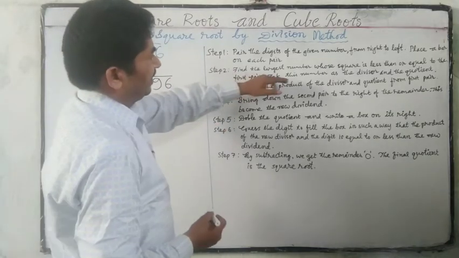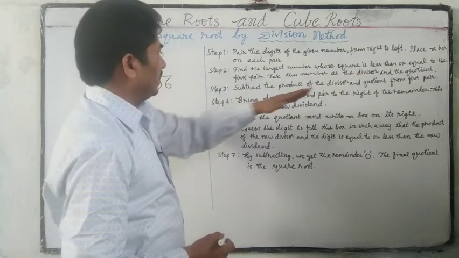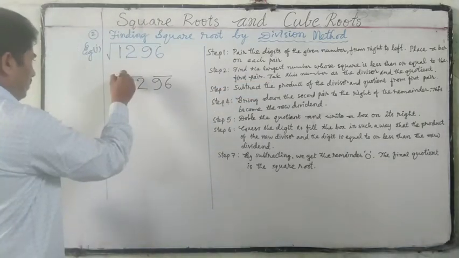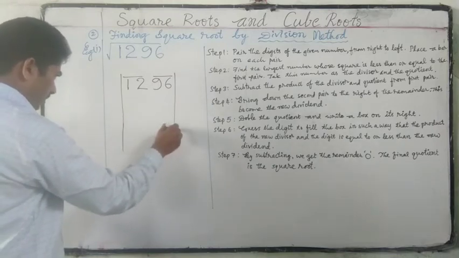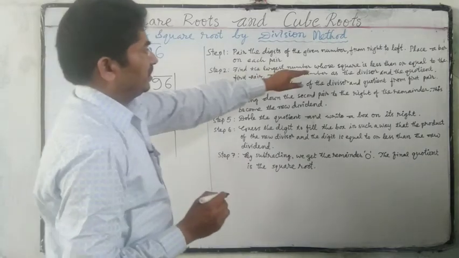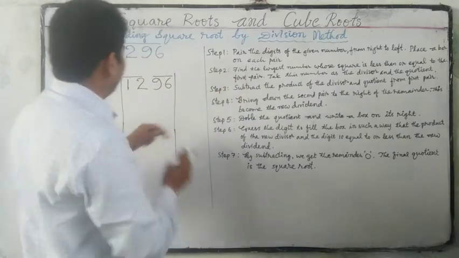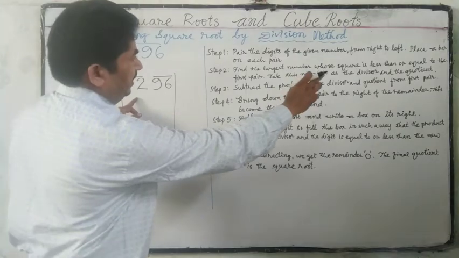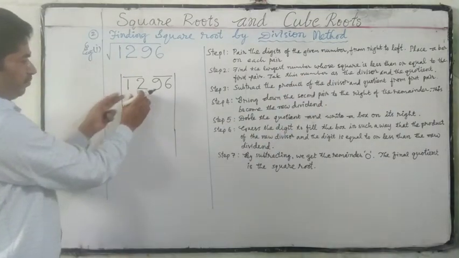Step 2: find the largest number whose square is less than or equal to the first pair. Now keep division symbols like this. This is the first pair, 12.